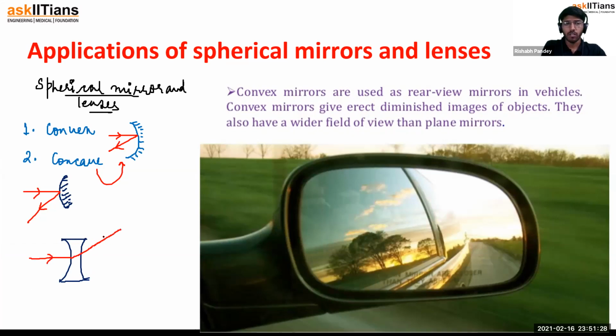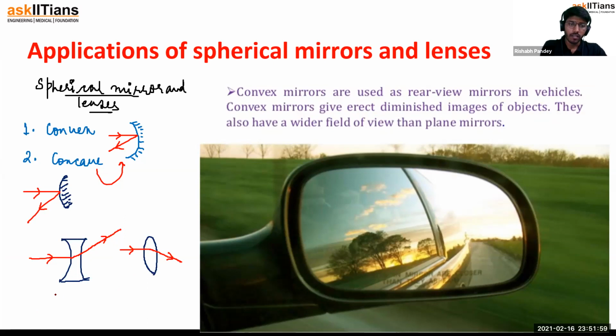This is a phenomenon of refraction, because the ray is not bouncing back, but instead it takes a curve and goes to the other side. Similarly, if I draw a convex lens, it should look like this. Although I'm not that good with drawing, so please bear with me. Say I have a ray of light incident on it and it gets converged like this.